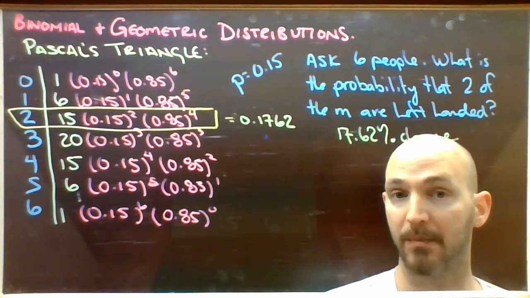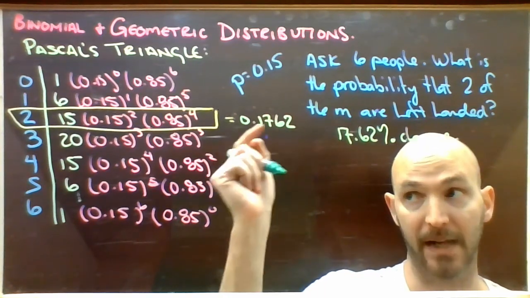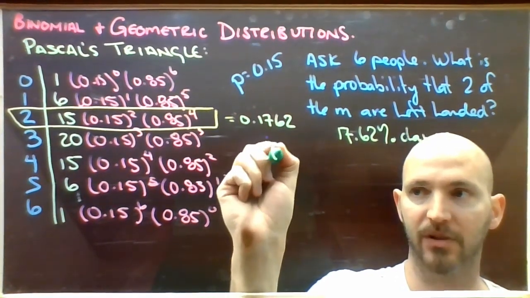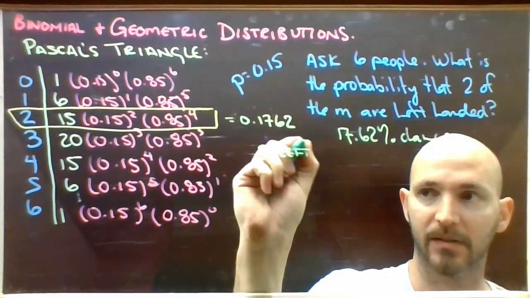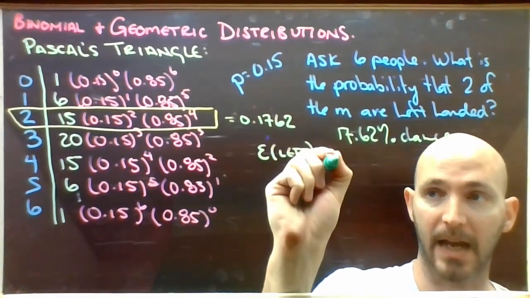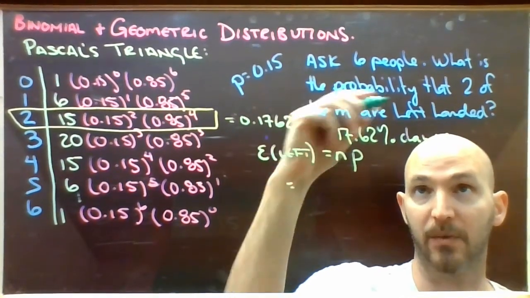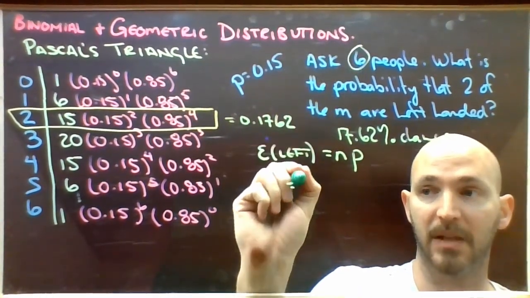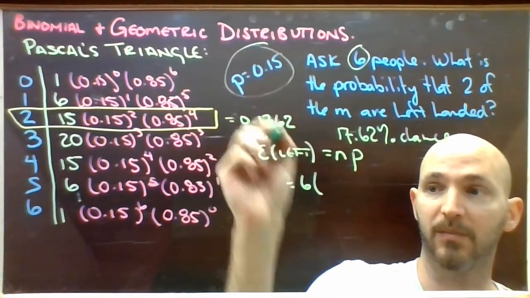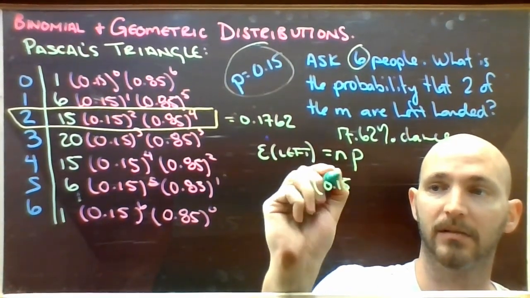How many would you expect? Well, it's binomial, so the expectation of left-handers would be the number of people I ask multiplied by the probability of finding one. In this particular question, I asked 6 people, and there's a 15% chance of finding one.